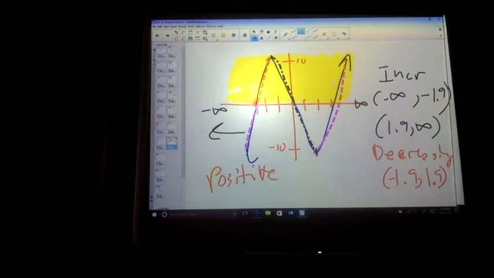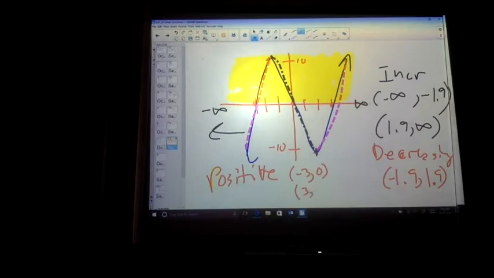All right. So where is it positive? Again, we're using the x to tell the story. So it is positive from negative 3 to 0. Is that a point or is that an interval notation? It's a point. And then where does it go back to being positive again?